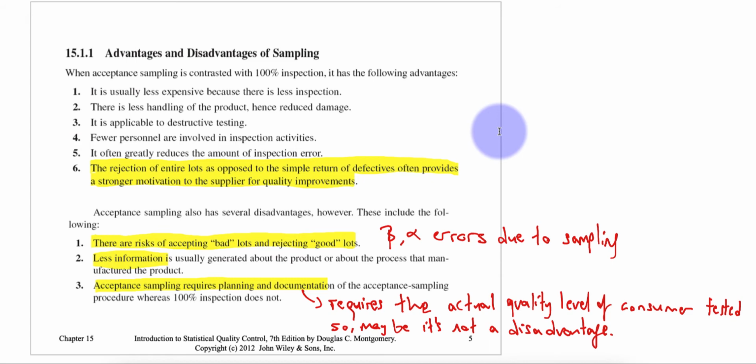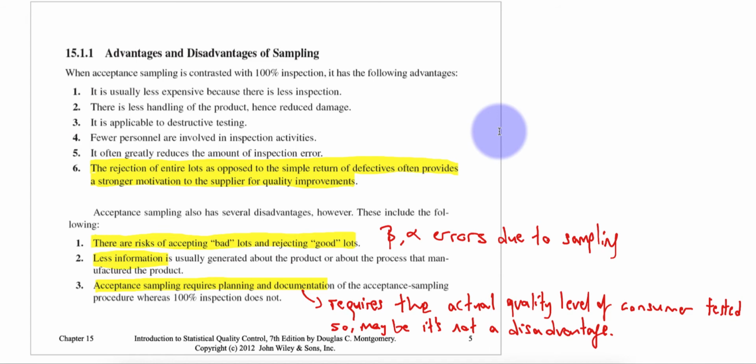It will require fewer personnel, and it will also reduce the inspection error because we are not inspecting all of the items in the lot. And lastly, when we reject the lot, we will not just return the defective unit, we will return the whole lot to the supplier. And when the supplier knows that, they will try to minimize the rejection probability of their lot, so they will try to increase their quality level.